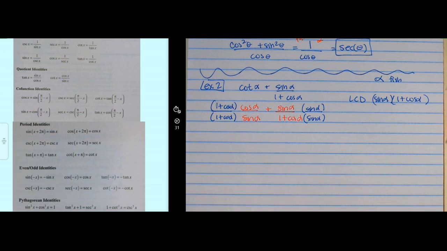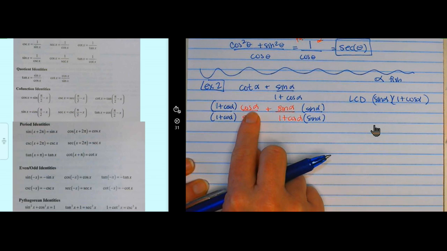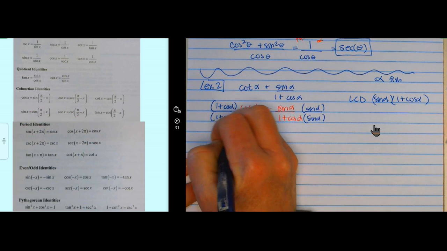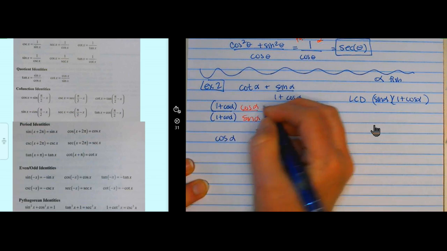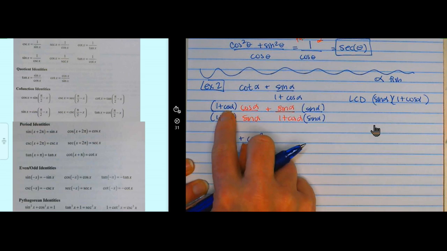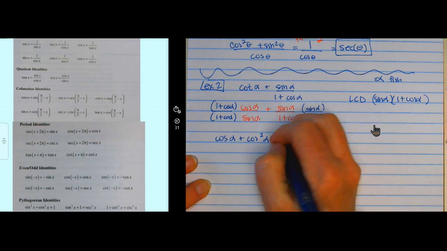So how does that help me? Well, now I have some multiplication to do. This is distributive property. Cosine is multiplied by everything in the top. So I'm going to have cosine of alpha plus cosine squared of alpha. Cosine times cosine is cosine squared.